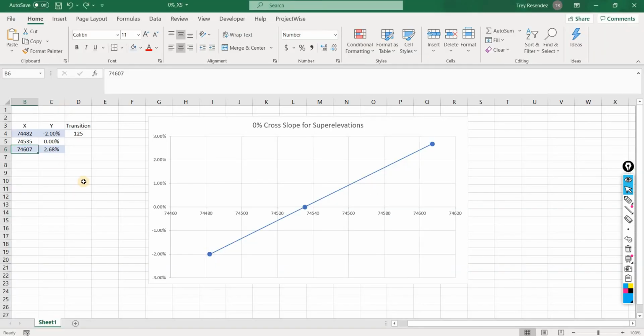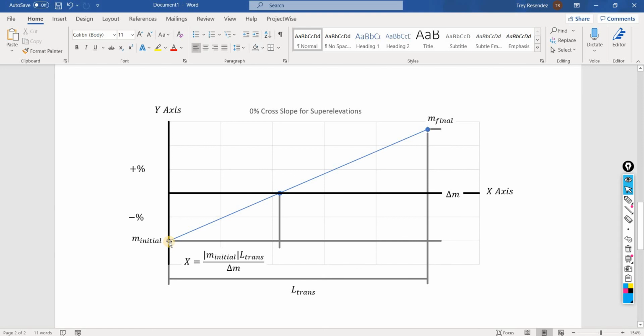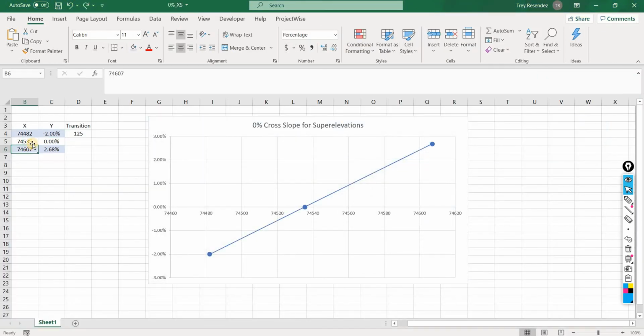So if we go to the Excel, here we input the beginning of our transition. Here's our initial slope, which is just this coordinate here. Then these would be the next input values that you need, which are the end of our transition and the end slope, the final slope.